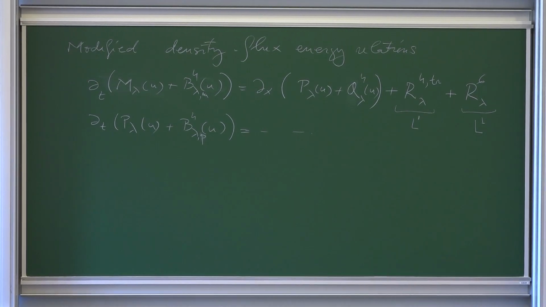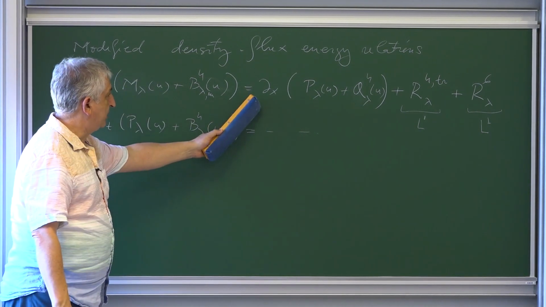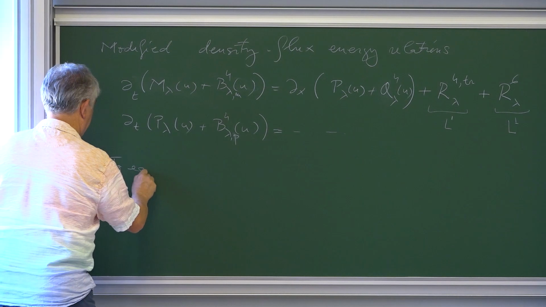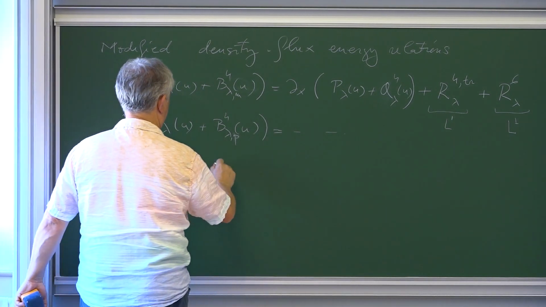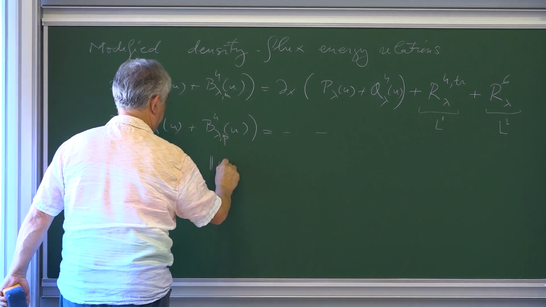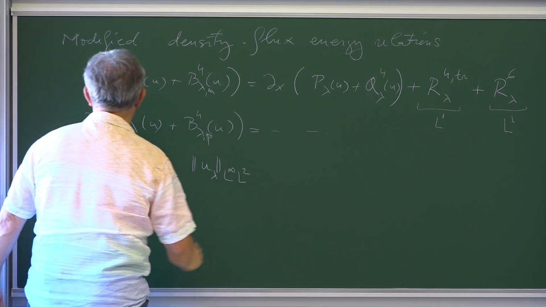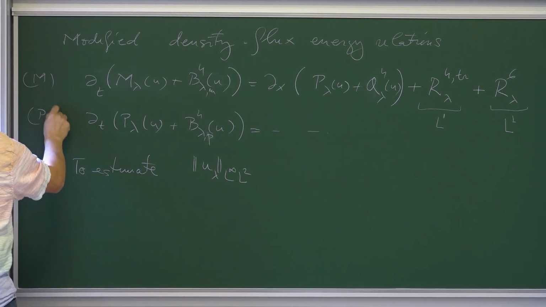All right, and so what I did not get to tell you last time is how we close things. And you can close the energy estimates directly by looking at this. So to estimate, let's say, a norm of the solution u at frequency lambda in L infinity L2, all we do is we integrate, let's say, the mass relation.